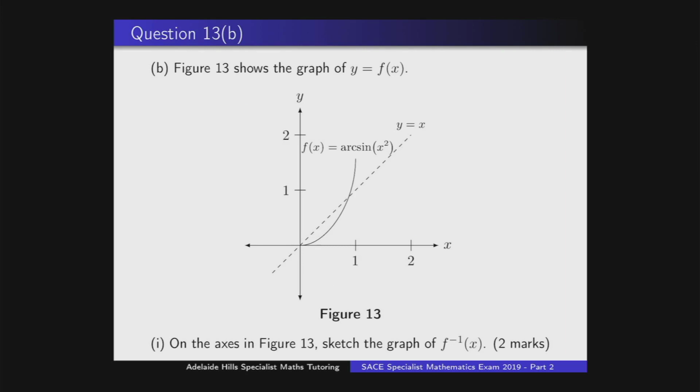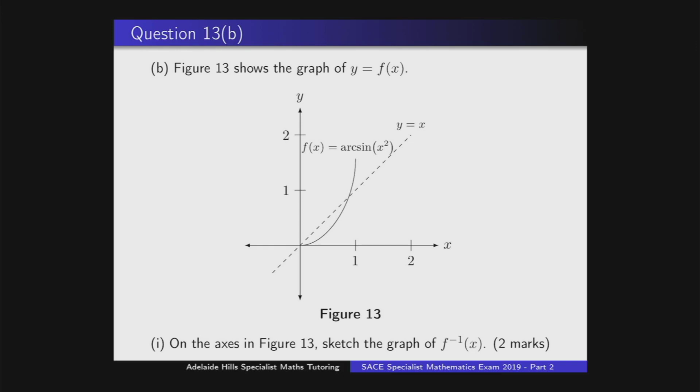Now we're given another figure here. Figure 13 shows the graph of the function f of x. So this is the graph of y equals f of x, and what we're asked to do is on the axis sketch the graph of the inverse of f of x. Okay, and what happens with the graph of an inverse, and you can see that they've conveniently drawn the line y equals x, is that the inverse of a function will be a reflection through that line.